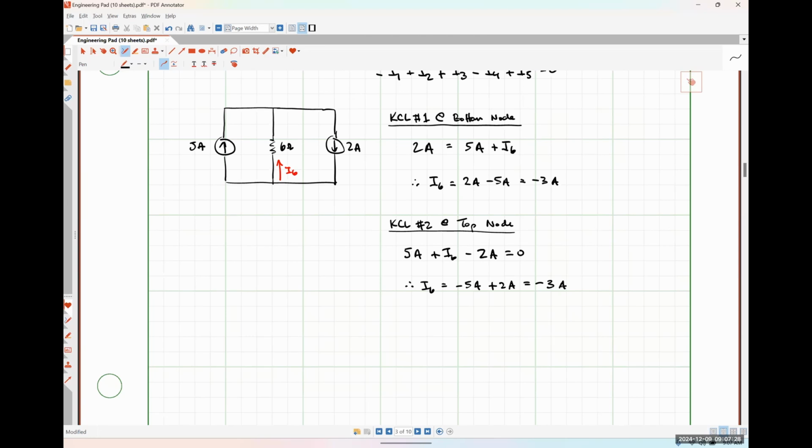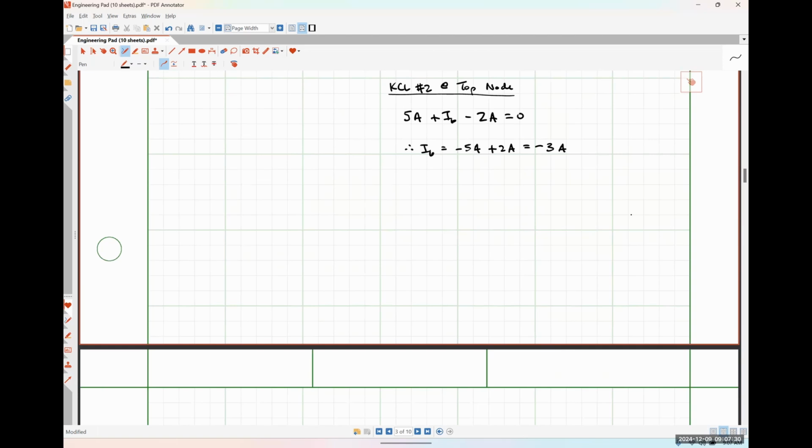All right. So now let's say that I have a six amp source, a 5 ohm resistor, a 10 ohm resistor, and a 3 amp source like so.